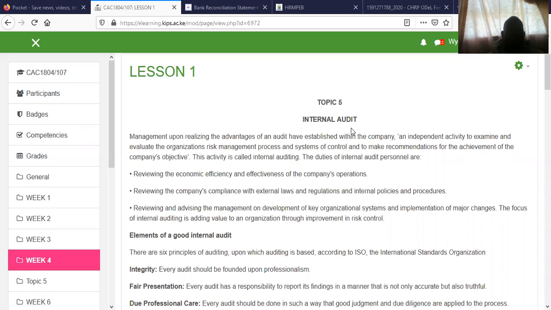I will start by saying that complex or big organizations, upon realizing the complexity of their operations, have seen the importance of having this particular department in the organization so that it can review and recommend on areas that need adjustments so that the objectives can be met.